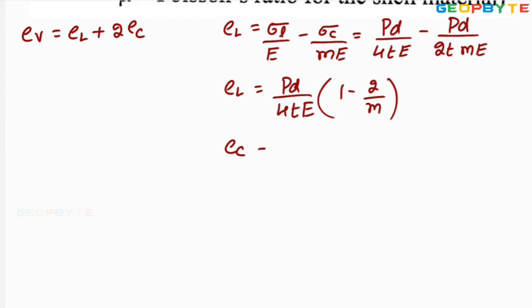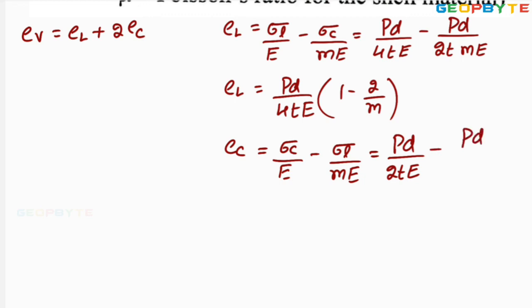Similarly, circumferential strain equal to sigma C by E minus sigma L by mE. Sigma C equal to PD by 2TE minus sigma L equal to PD by 4TmE.